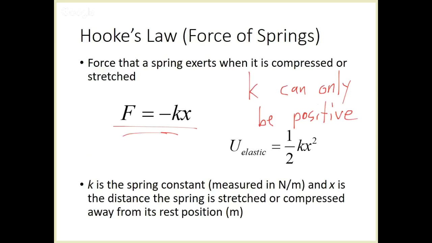This negative right here is only directional. If I pull a spring to the right, it will exert a force to the left, and that's all that negative means. If you honestly just use F equals kx, I'm not going to be upset, because a lot of times we only ask about magnitudes of these things. So that's cool.